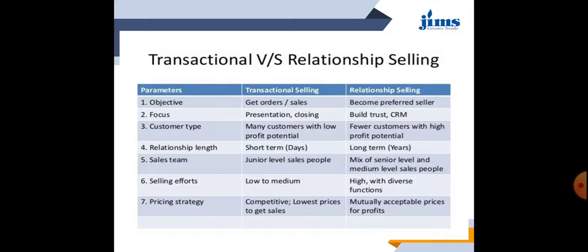Then pricing strategy in transactional selling is competitive, lowest price. The organization or the salesperson might offer the lowest price just to get the sale done in transactional selling, whereas the pricing strategy used in relationship selling is mutually acceptable prices for profits between seller and buyer.